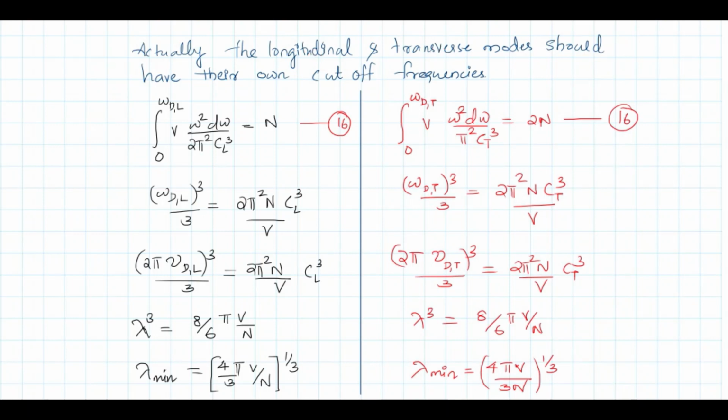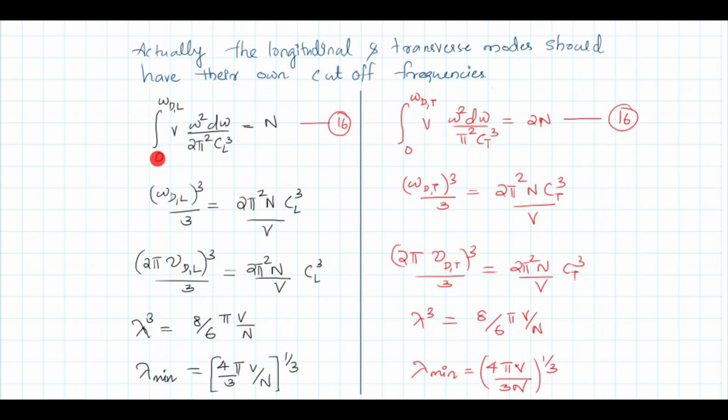Actually, the longitudinal and transverse modes should have their own cutoff frequencies. And we can calculate those cutoff frequencies using these expressions. Among the 3n normal modes, n will be longitudinal and 2n will be transverse.